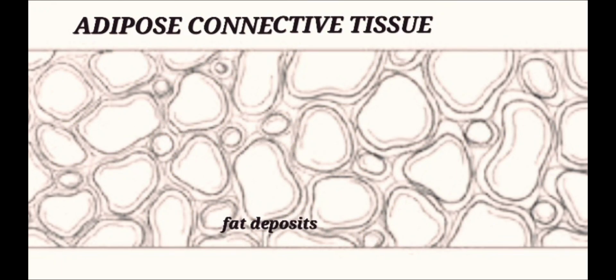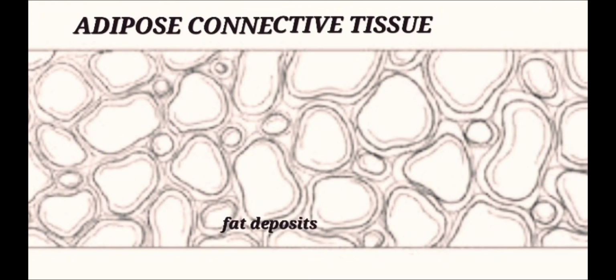This is also a connective tissue proper with lots of fat cells called adipocytes. This tissue helps in padding under the skin. It is also present around kidneys and under the eyeballs. Adipose tissue helps to store nutrients and insulate the body.